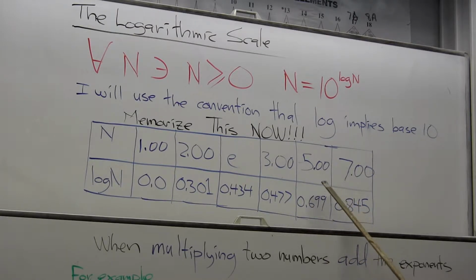And if n is equal to 5.00, then the log of 5 is 0.699. And if n is 7.00, the log of 7.00 is 0.845. So you memorize these numbers.